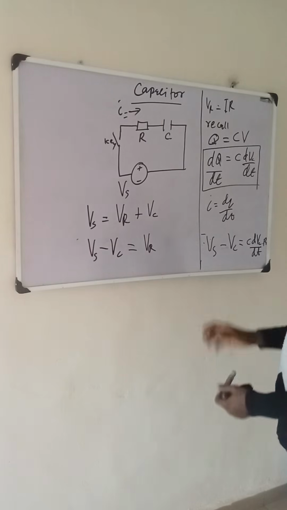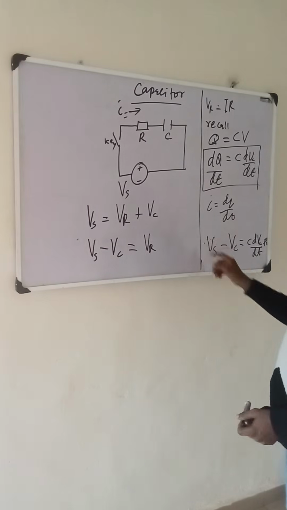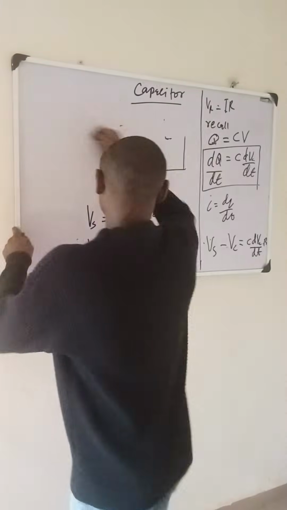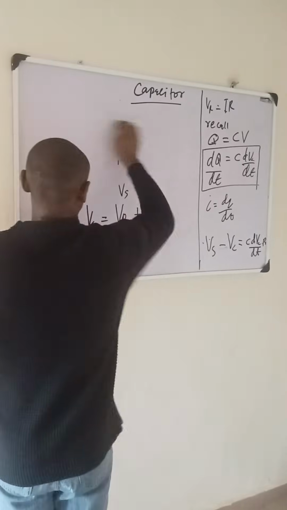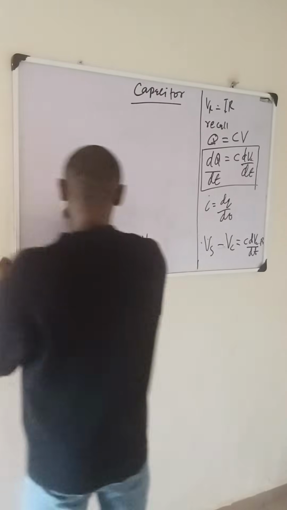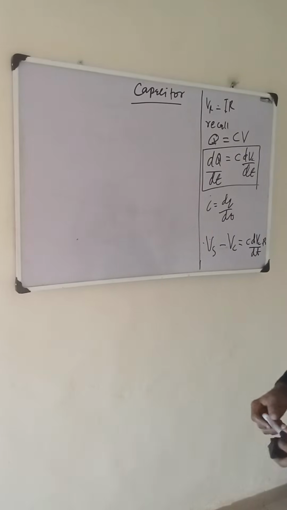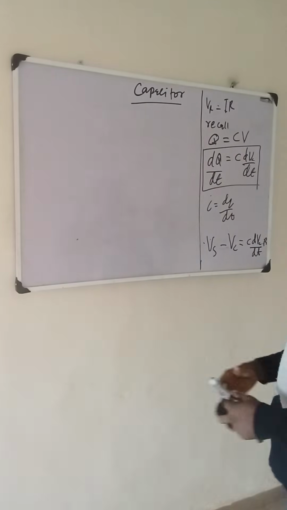Now, we can see that this has become beautiful because it has now become a differential equation. For us to solve the differential equation, I want you to pay attention. Solving this differential equation will enable us to get almost all the functions we need.